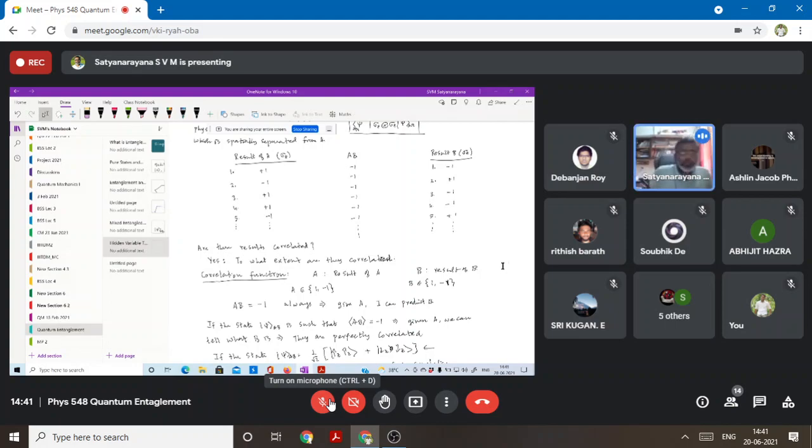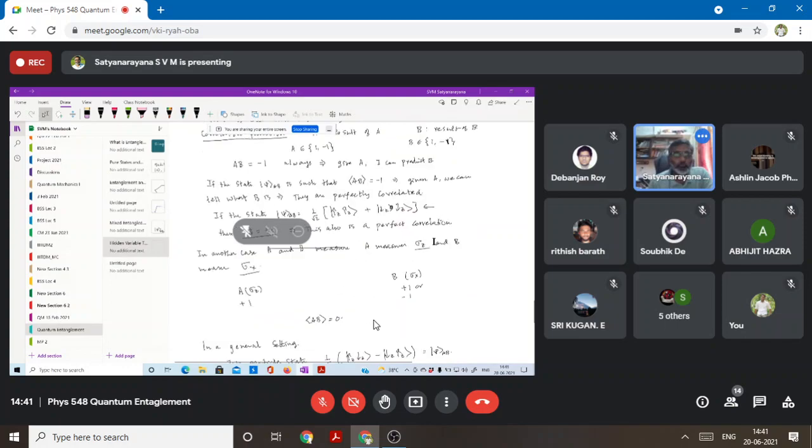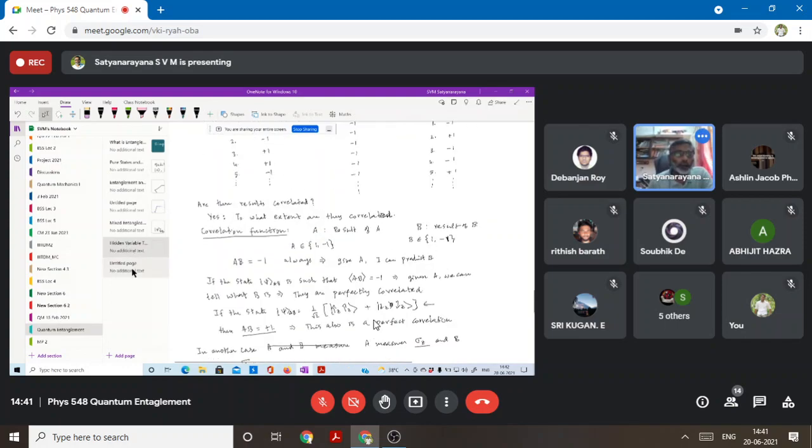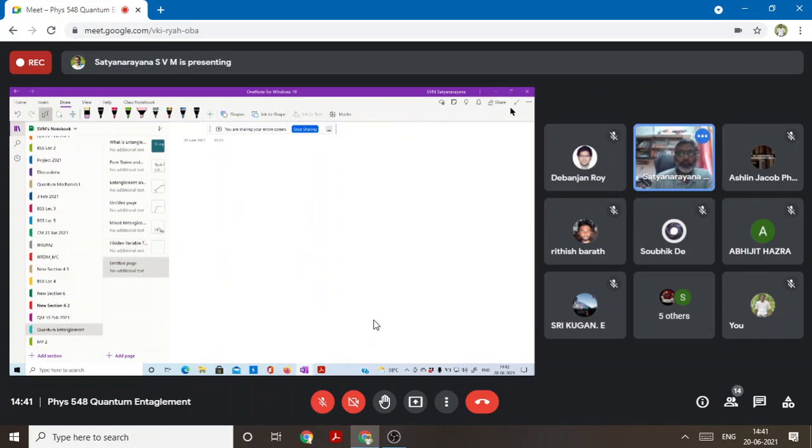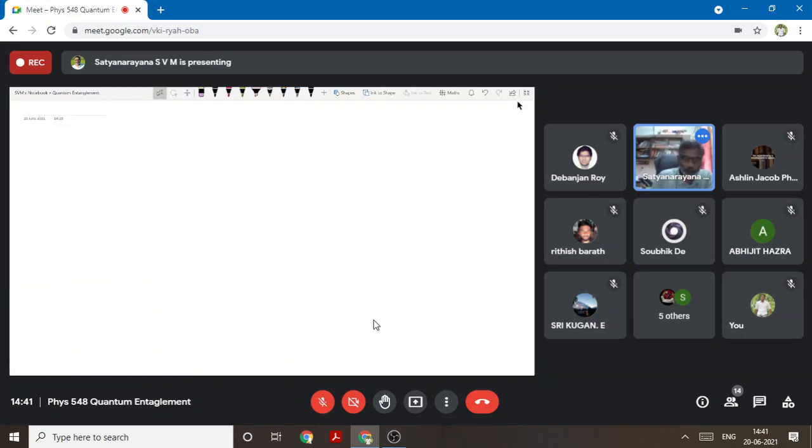Okay, so I think we were talking about some correlations, defined certain correlations in the last class. But anyway, it is a long gap, so let us try to do some of the things necessary here. So I intend to talk about Bell's inequalities.